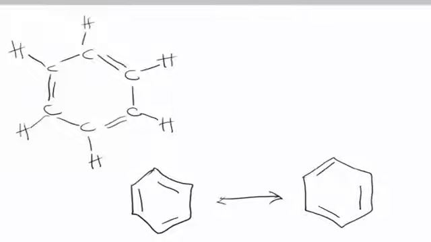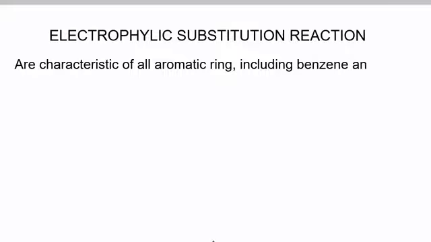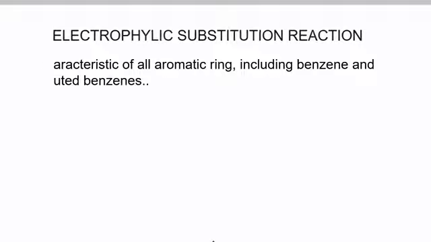Alright, so having known this, let us consider the chemical reactions of benzene. Electrophilic substitution reactions are characteristic of all aromatic rings, including benzene and substituted benzenes. Benzene has a ring with its 6 pi electrons above and below. These electrons are delocalized within the ring of benzene in a number of resonance stabilized structures.